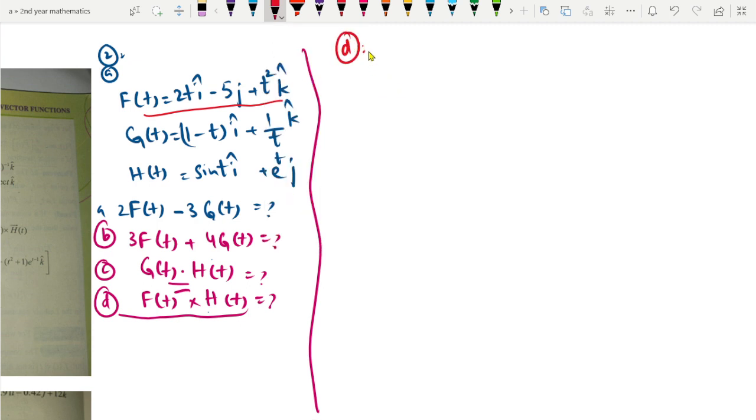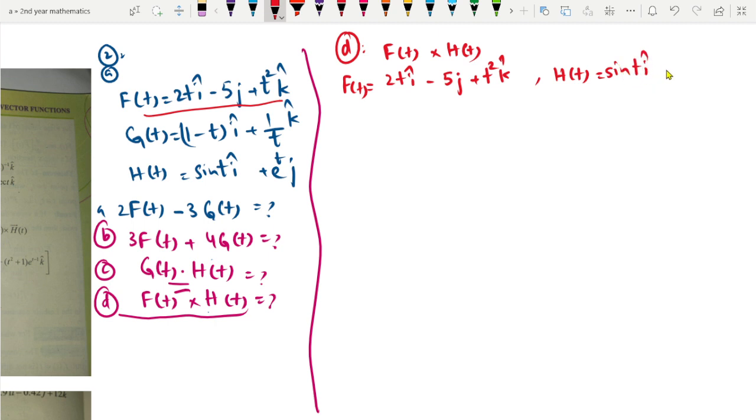D part of this question, f of t into h of t. f of t is equal to 2ti minus 5j plus t square k, and h of t is equal to sine of t i plus e power t j.